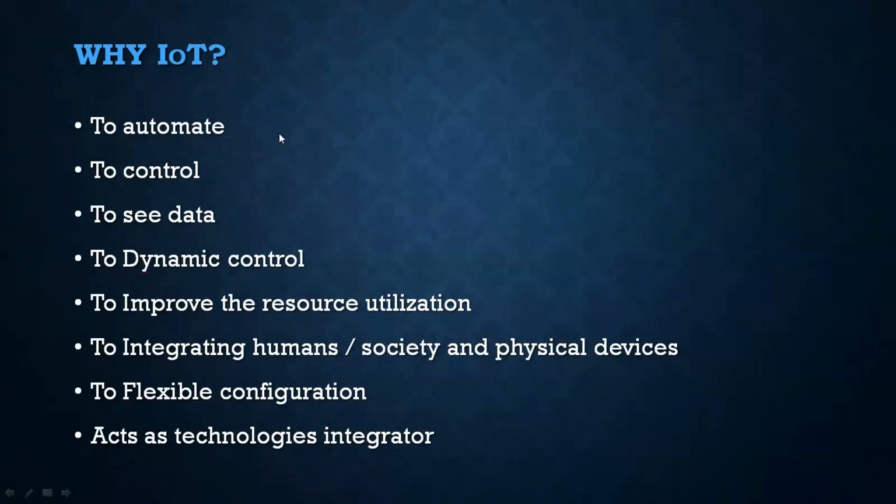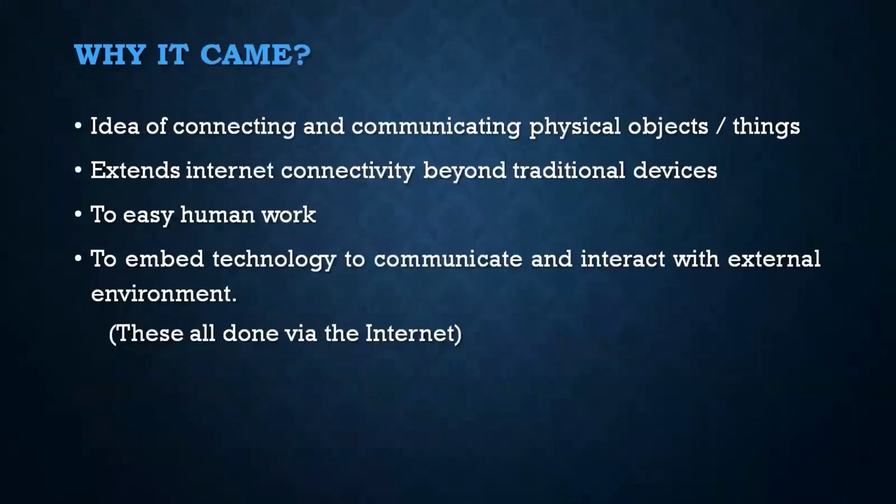Next we see why it came into existence. From the previous two slides we can see that by using IoT we have the capability of connecting physical things and also providing communication, that means exchanging data between the physical things.